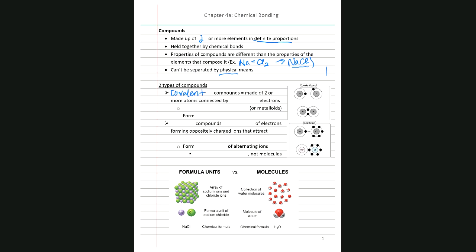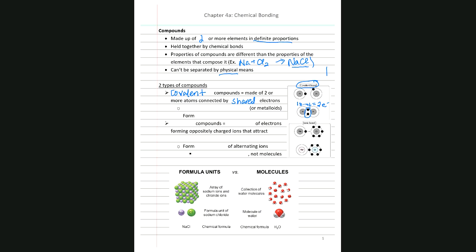Covalent compounds are made of two or more atoms that are connected by shared electrons. All right, so in a covalent bond, two atoms come together and they overlap their electron clouds so that they're sharing electrons. So one covalent bond is actually sharing two electrons. I'll go ahead and set the stage for that. One bond equals two electrons. All right, covalent bonds occur specifically between atoms that are nonmetals.